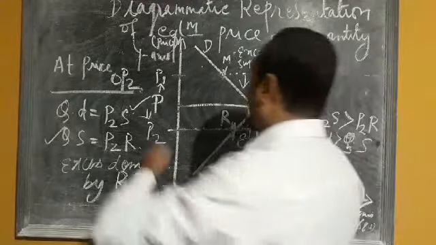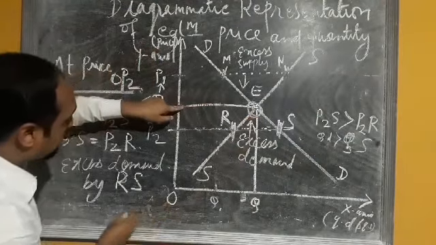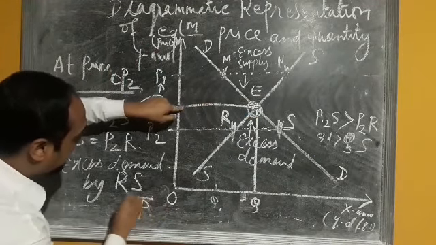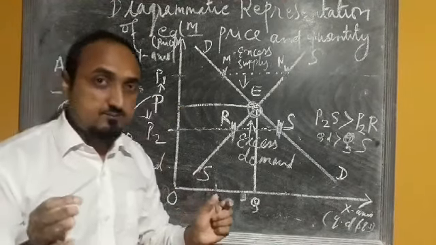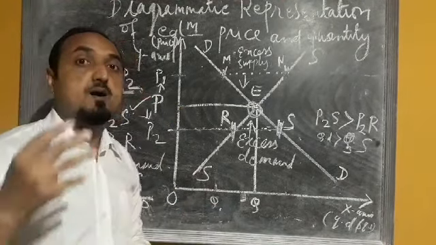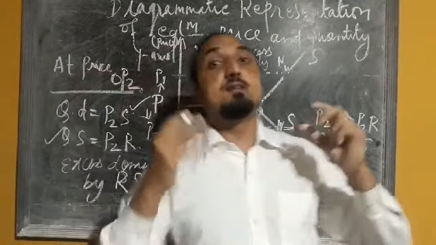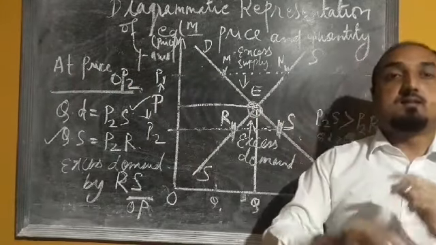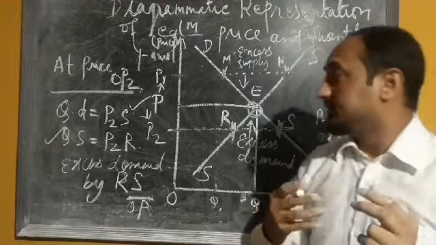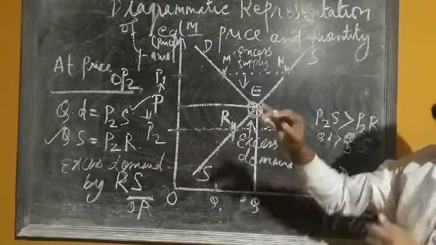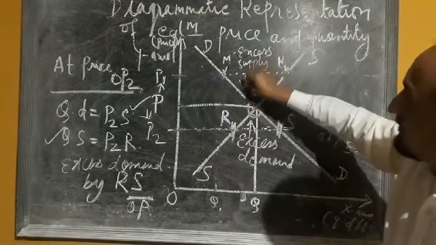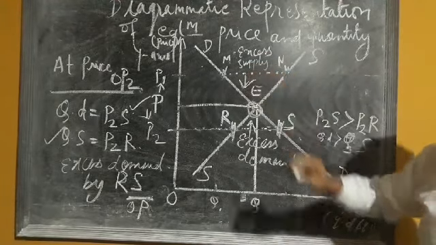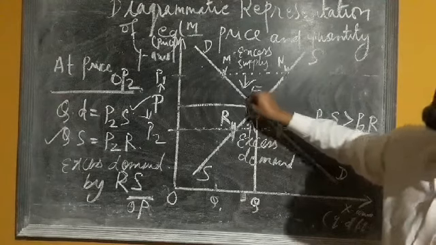And we know the equilibrium price is OP. So when there is excess demand or excess supply, there is a tendency to move toward equilibrium. When there is excess supply, price will fall and tend to move towards the equilibrium.